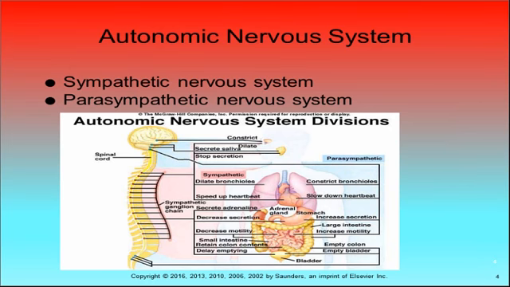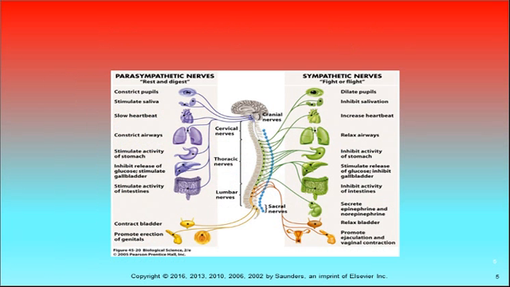So here's a picture of our sympathetic and our parasympathetic nervous system, and I've got a better picture on the next slide.